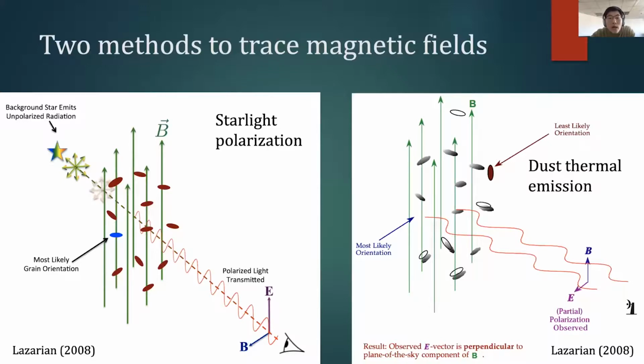Why do we choose terahertz as the frequency of interest? Actually, for the dust grains in interstellar space, the typical temperature is about 10 K, and thus for the Planck function, the peak frequency is about terahertz. So that's why we are interested in terahertz to observe the dust thermal emission.